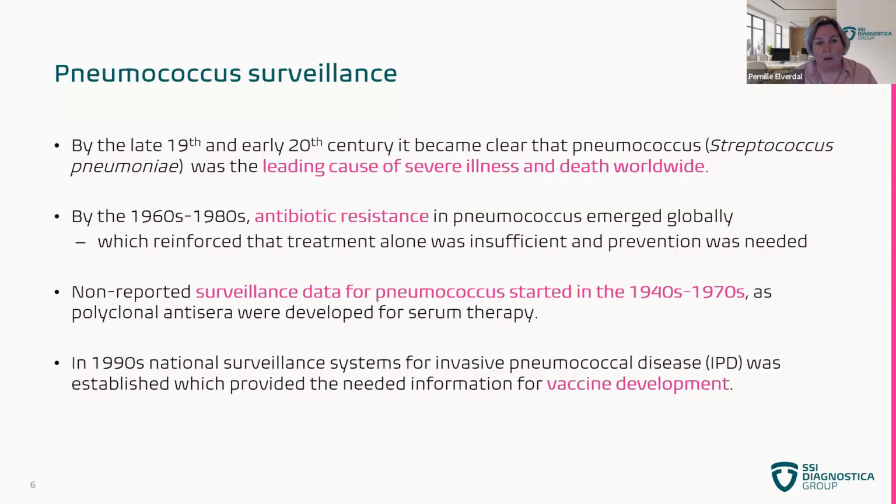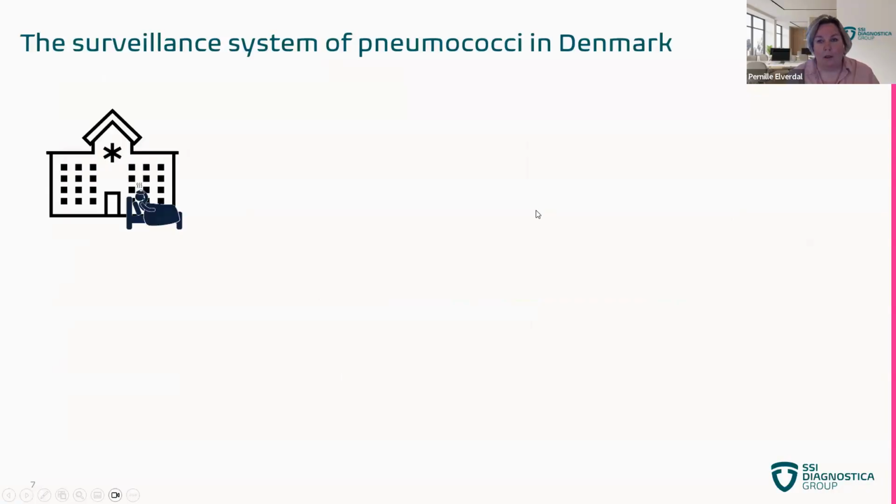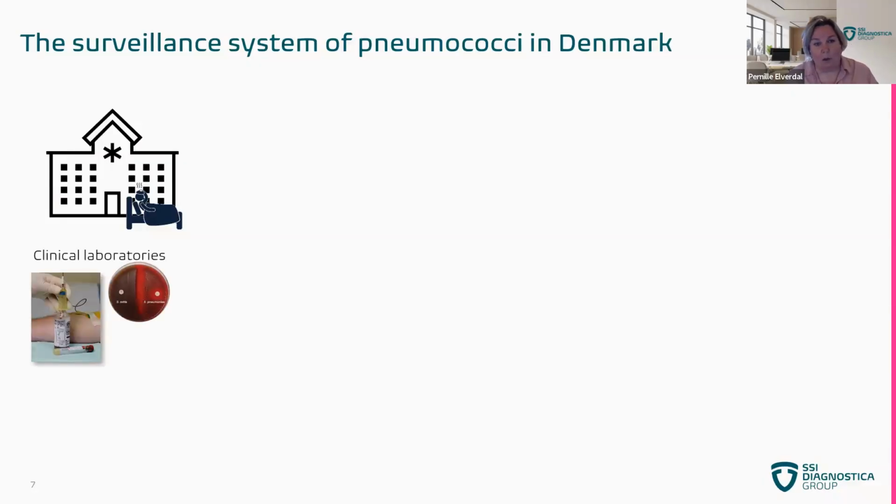I will give you an example of how it functions in Denmark, because that's where I'm from and where I have a good thought, but it's the same all over. If you look at the surveillance system for pneumococci in Denmark, it starts out with the patient coming into the hospital sick. The clinical laboratories will take the clinical samples, a blood culture, it could be a swab, it could be different things to find out what the patient is sick with, and they will then take the isolate.